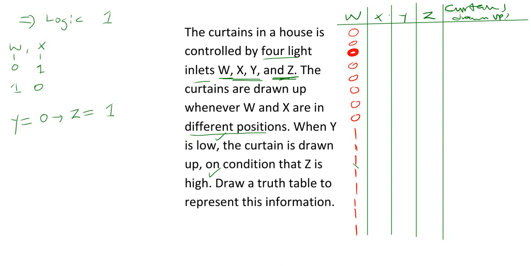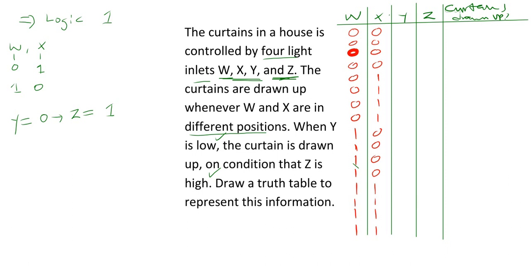When we go to X, we alternate with 4 zeros, 4 ones: 0, 0, 0, 0, 1, 1, 1, 1, then again 4 zeros and 4 ones.